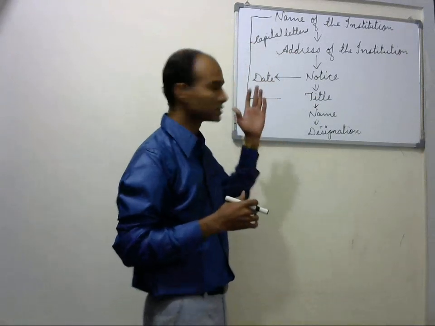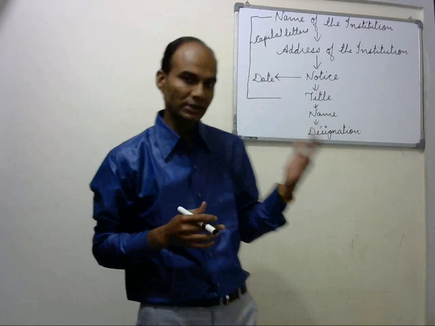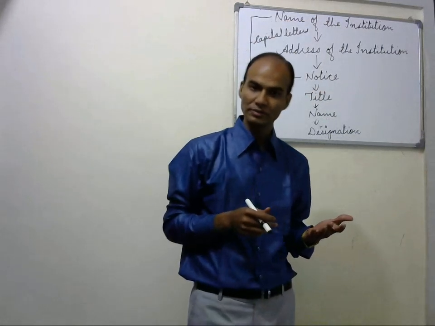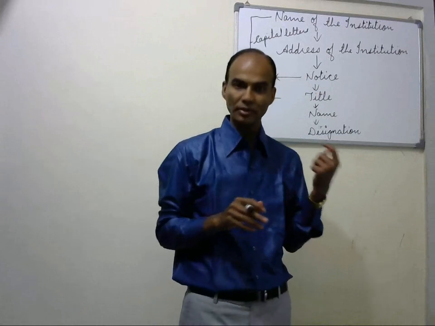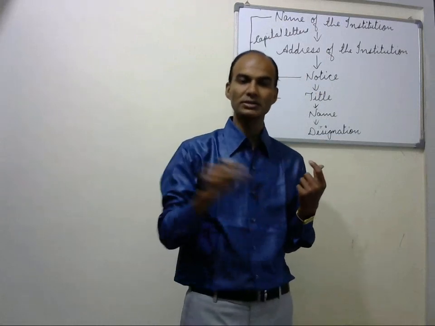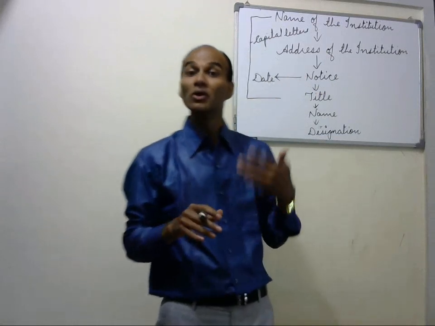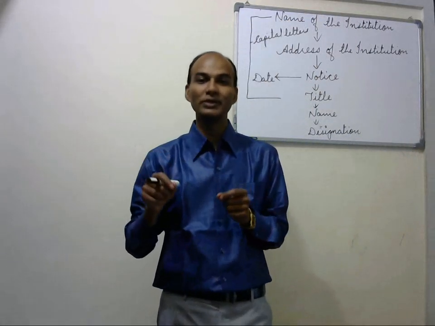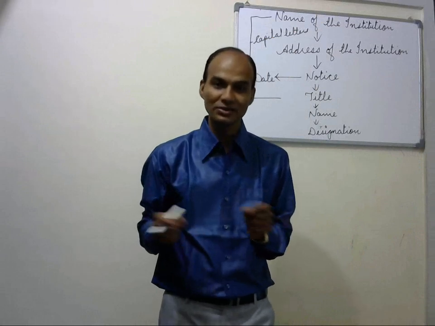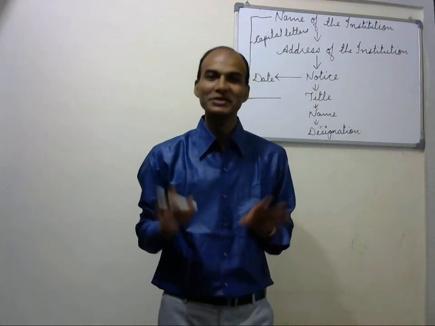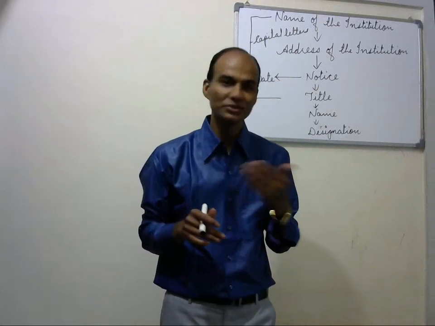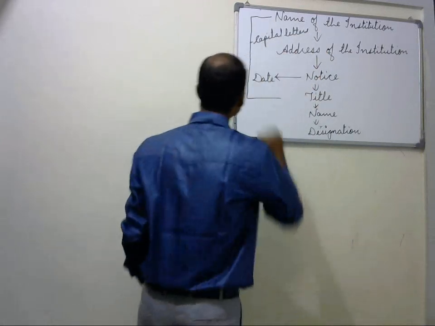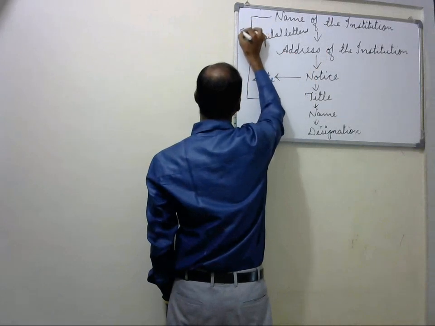So most students commit this mistake: they forget this method and start writing in small letters, or they start with capital letters but then in between small letters come, so it becomes a design there. You must remember this so that you don't commit this mistake in the exam. And the word limit is 50.